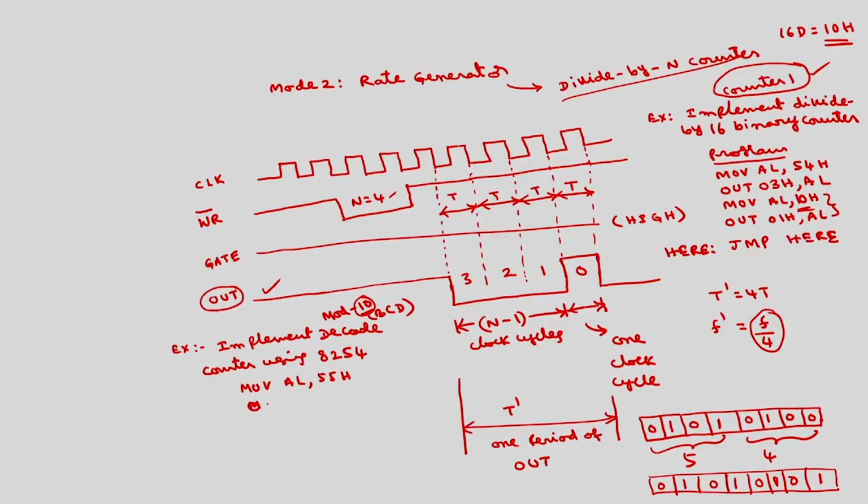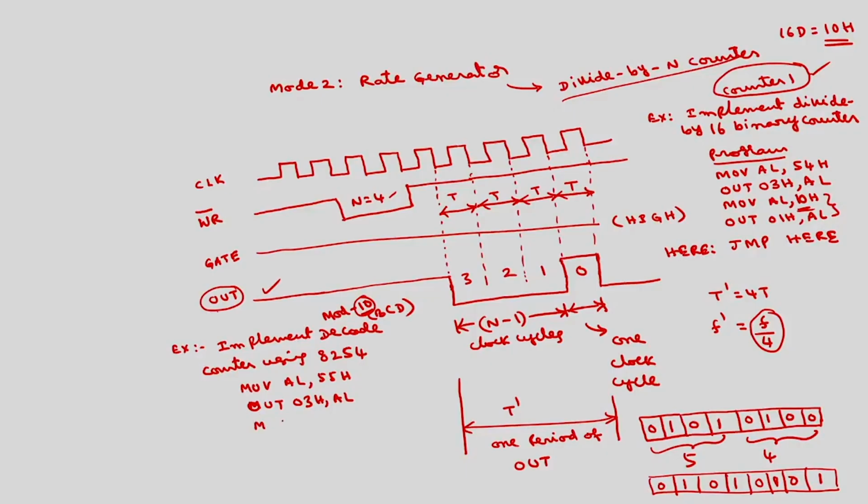Out 03H comma AL, so that the 8254 will be operated in decimal mode. Then what is to be loaded? 10.